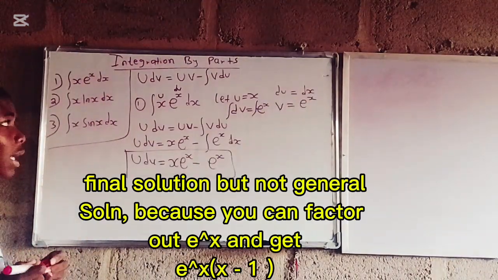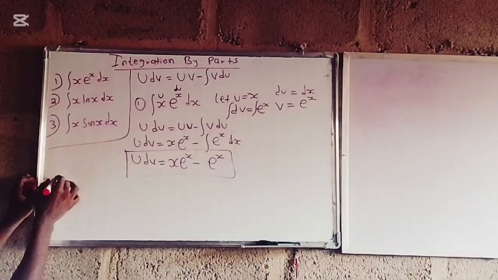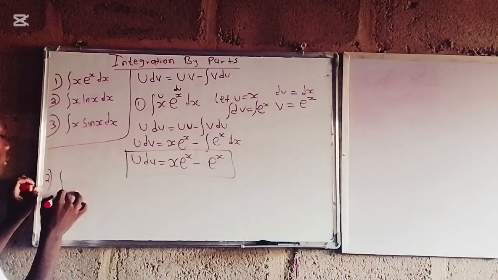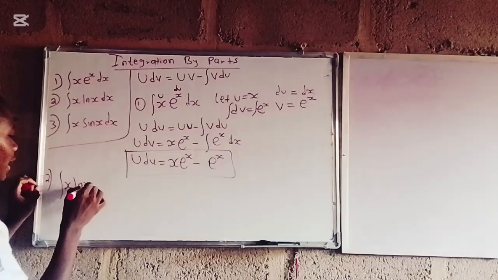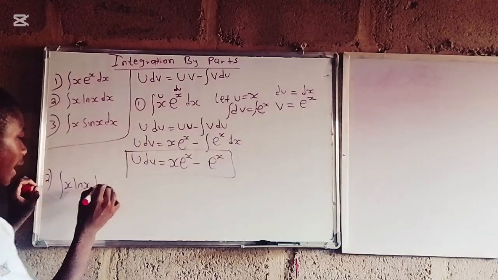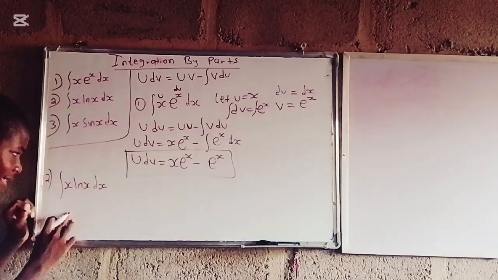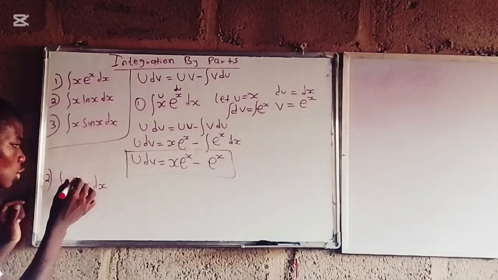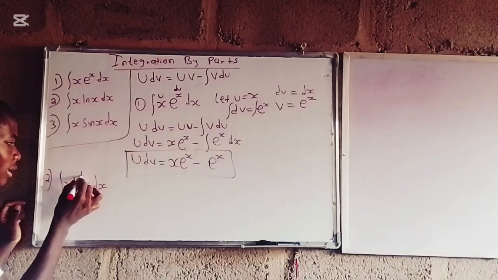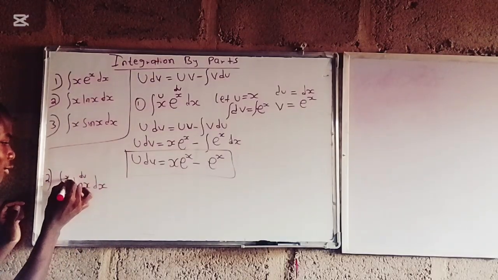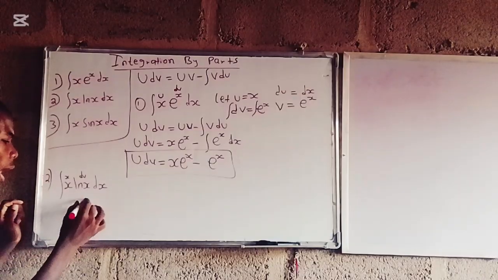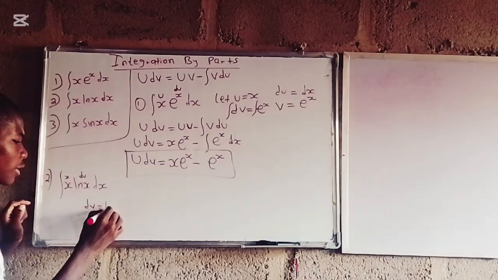Please don't be confused. The next question says integral of x ln x dx. If I let ln of x be dv, and let this be x, so I will say dv equals ln of x.